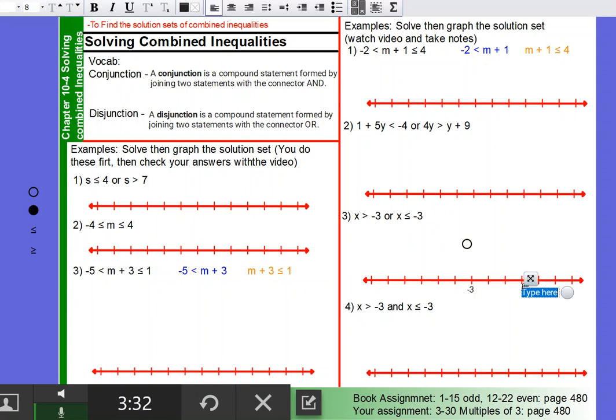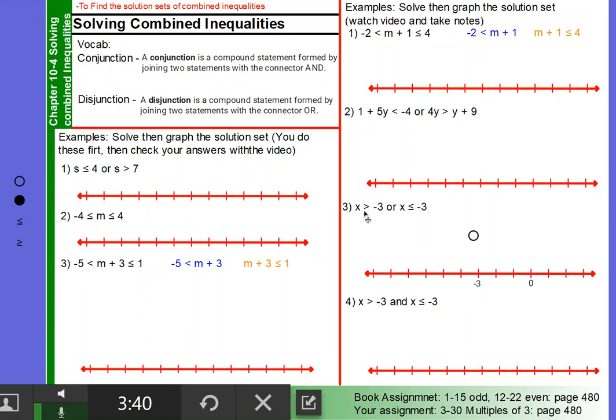Let's say this would then be 0. So I'm defining the scale as 1 unit for every one of these little tick marks. And so x is greater than negative 3. We're going to take our open dot, because x cannot be equal to negative 3, and place it right on negative 3. And then we are looking for all the numbers that are greater than negative 3.